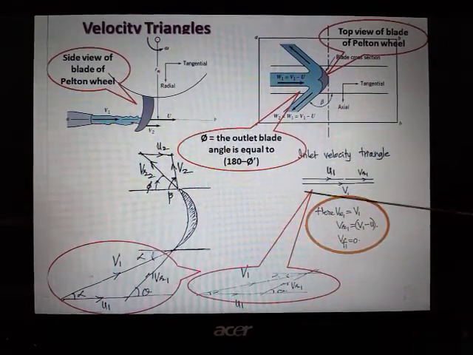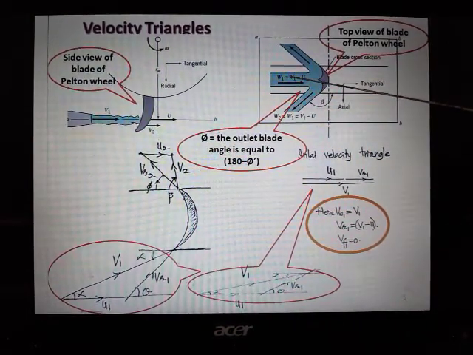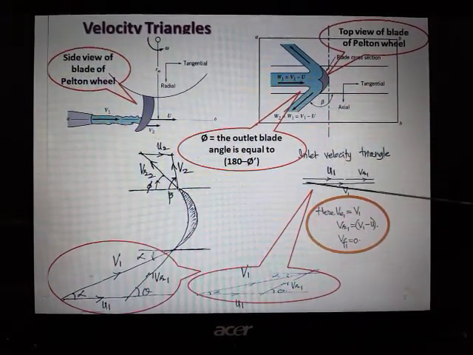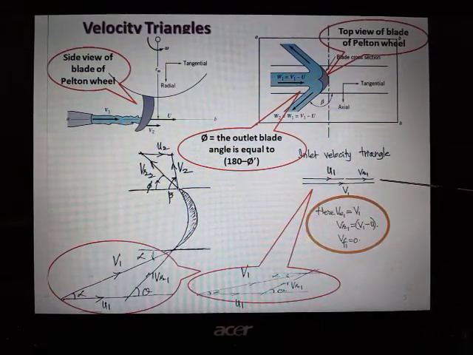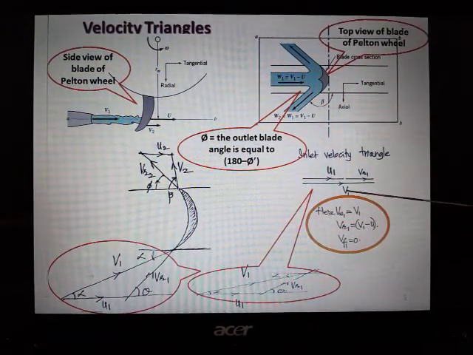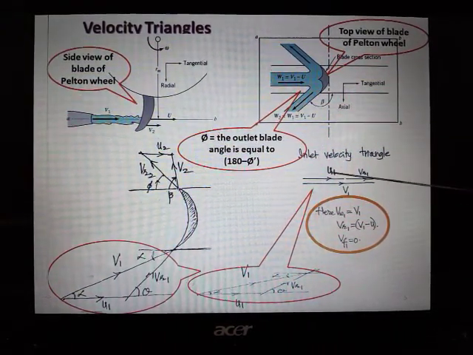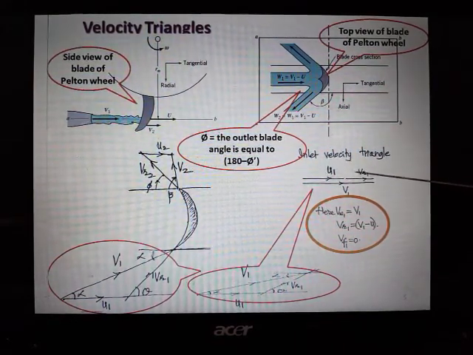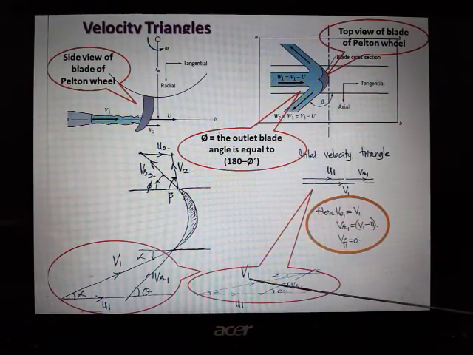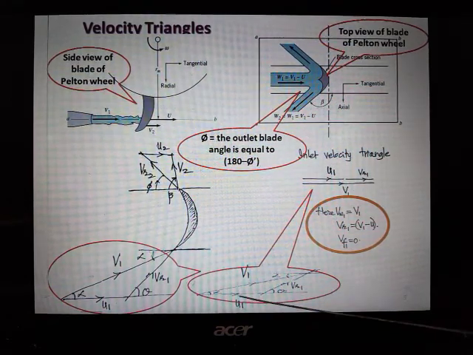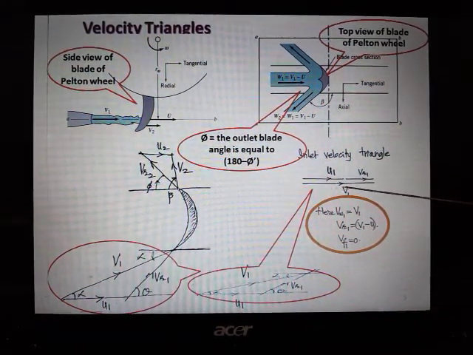Ultimately when it gets this way, that is exactly in one line, all the three vectors, that is jet velocity, vane velocity, relative velocity, all become in one line.